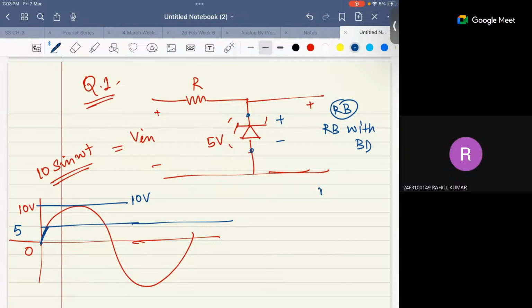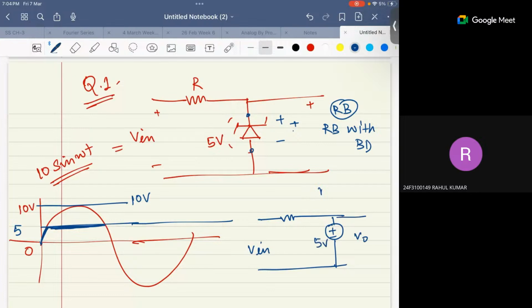Now, as it crosses 5 volt, what will happen? It will be replaced with a potential of 5 volt. As V input crosses 5 volt, this will be replaced with a potential source, so V output will be 5 volt.